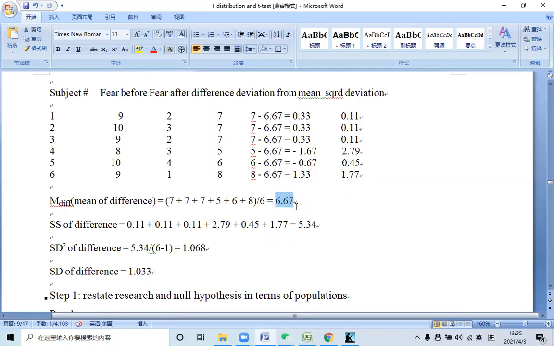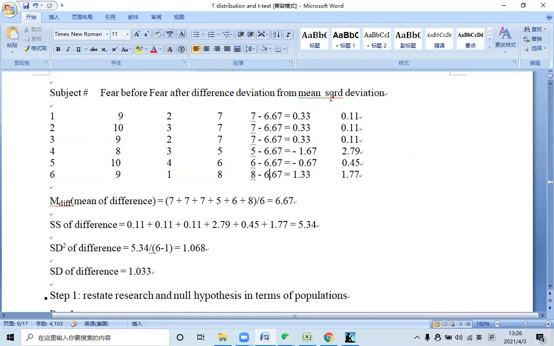We get the mean improvement and we get the standard deviation on the improvement or the difference. And each person has a deviation. Subject number 1 improved more than average. The first 3 subjects improved more than average. And then the next 2 improved less than average. The last person improved way more than average, improved a lot.